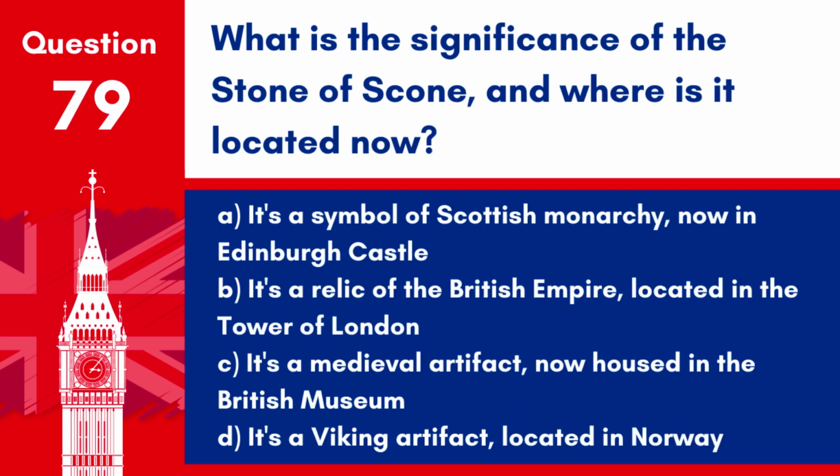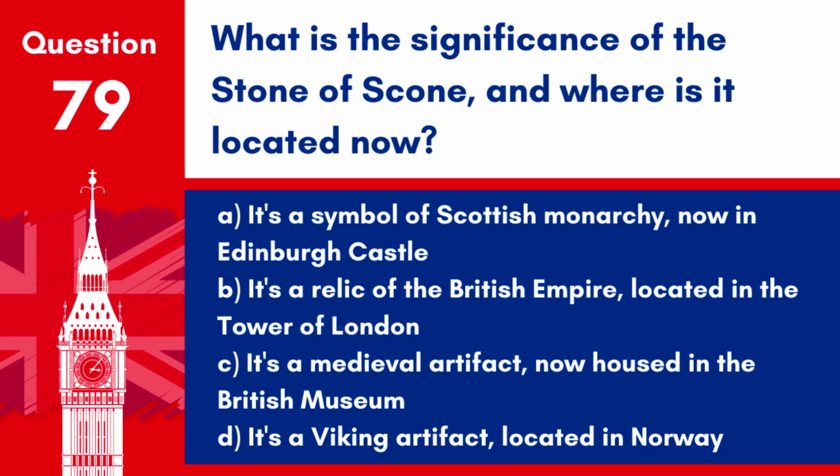Question 79. What is the significance of the Stone of Scone, and where is it located now? A. It's a symbol of Scottish monarchy, now in Edinburgh Castle. B. It's a relic of the British Empire, located in the Tower of London. C. It's a medieval artifact, now housed in the British Museum.